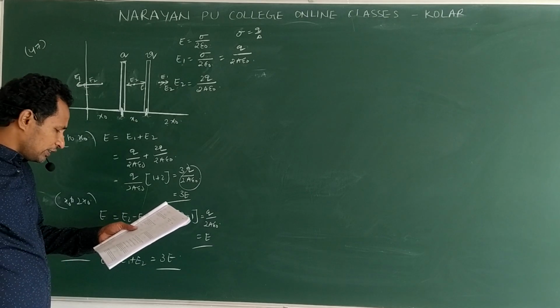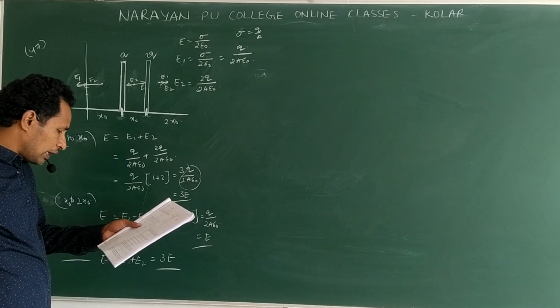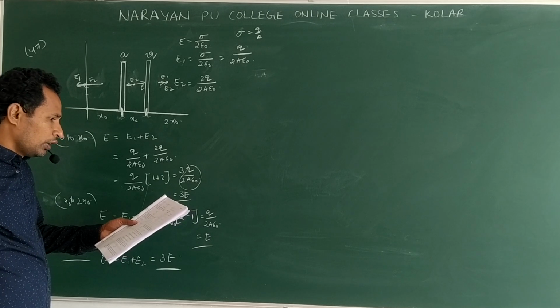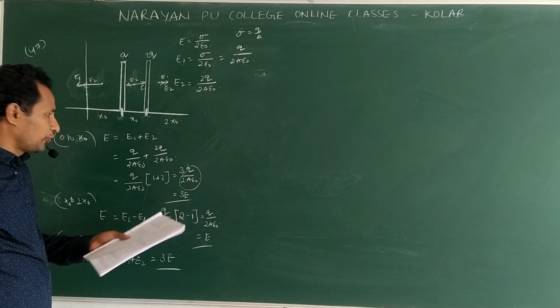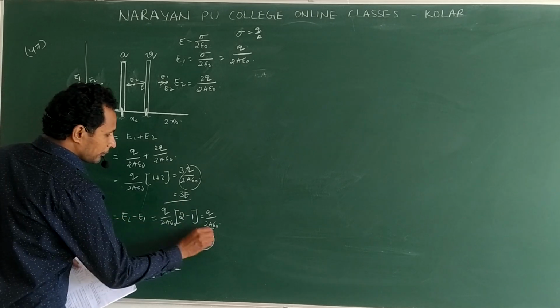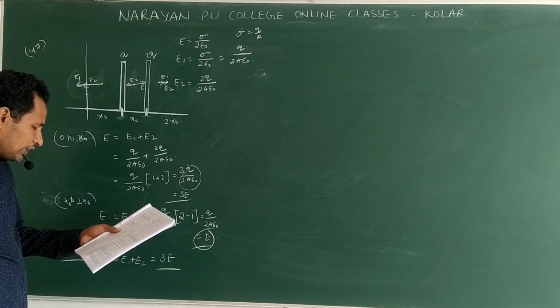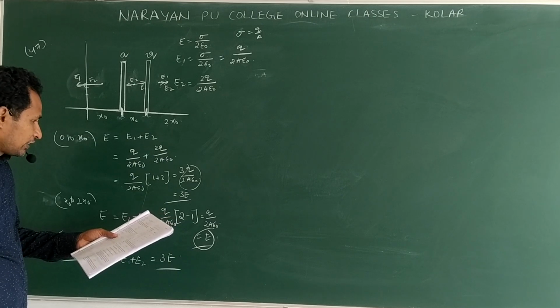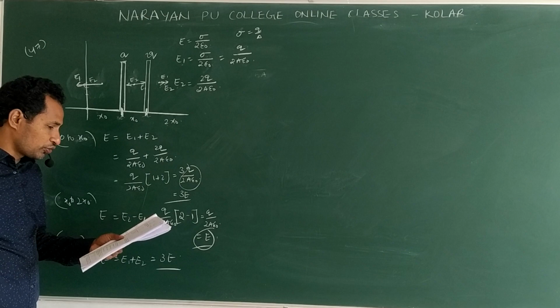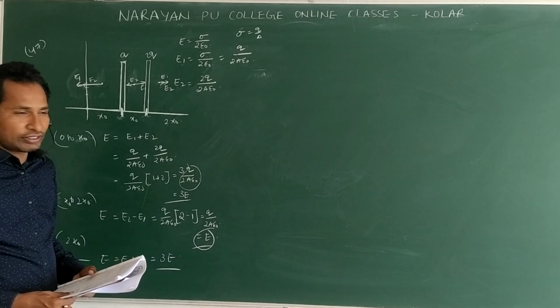But according to options 1, 3, 4, between x naught and 2 x naught they gave 0 field, but we got E. And in the second option, they gave plus 3E naught. So no graph is suitable, so we need to check this.